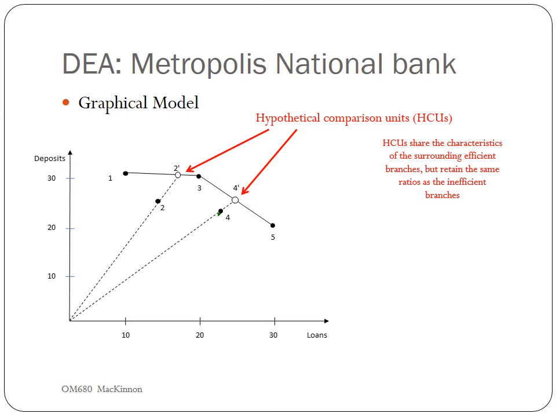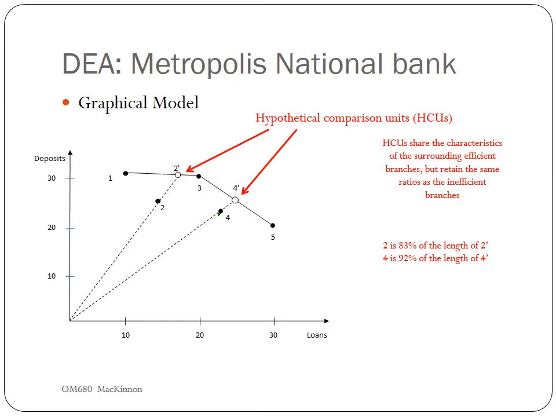And so the length of 2 is 83% of the length of 2 prime, and 4 is 92% of the length of 4 prime. If you go back and look at the previous slide or a couple of slides ago, you will see that the efficiency measure for branch 2 is 0.83, and for branch 4, it is 0.92.